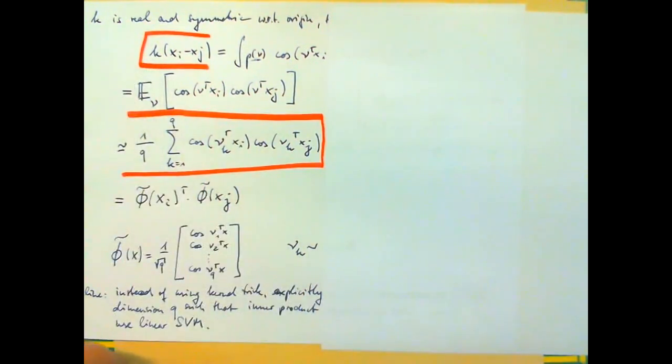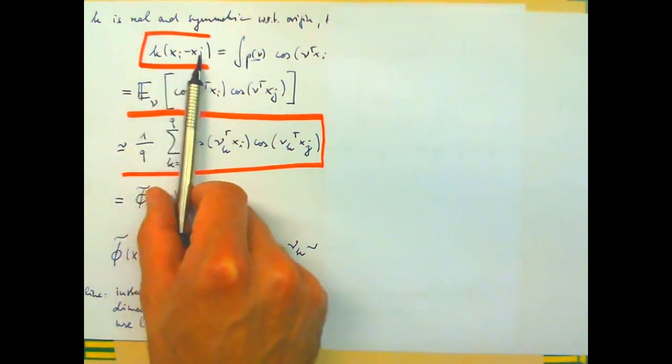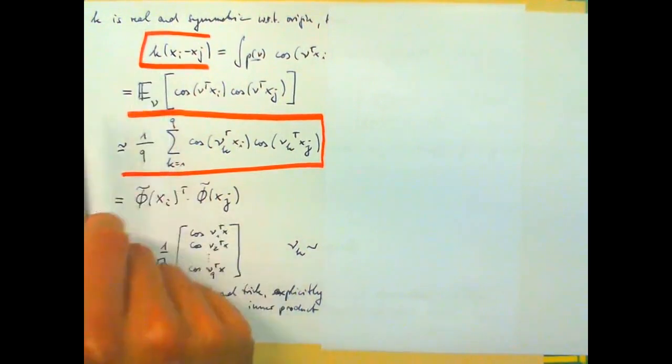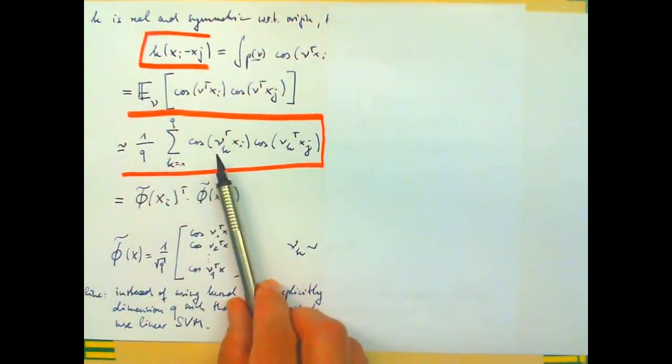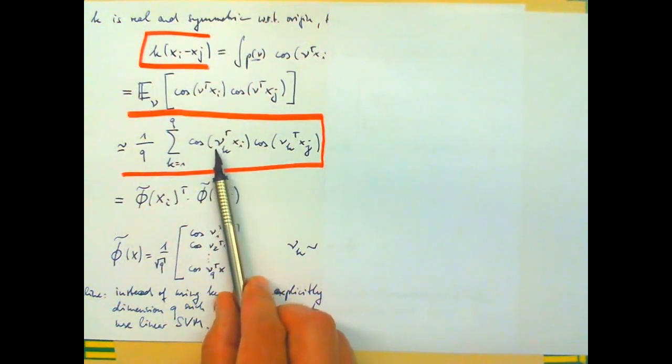You know for which pair of observations you want to compute the kernel value, which is just a scalar number. You then compute the Fourier transform of your kernel. You sample q points from this Fourier transform. These q points are called the nu k.